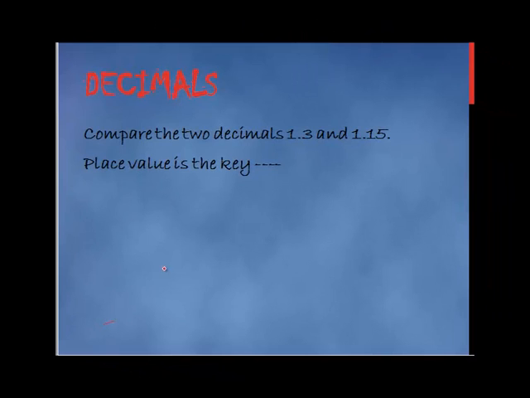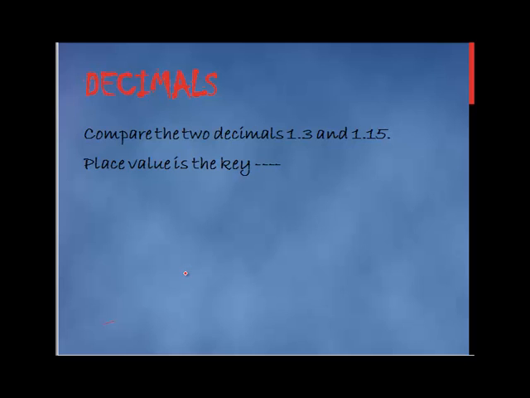All right, let's compare two decimals, 1.3 and 1.15. In order for us to do this, place value is the key. Just as making equivalent fractions with the same denominator, when we are comparing decimals, we need to have the same place value.